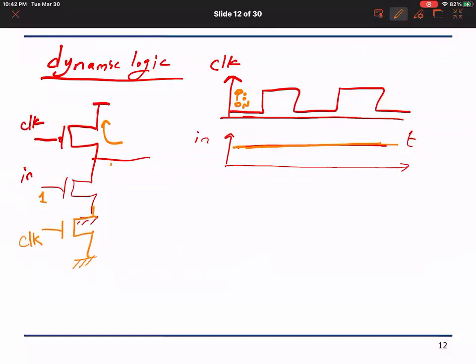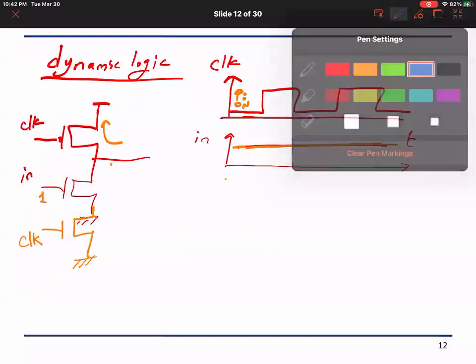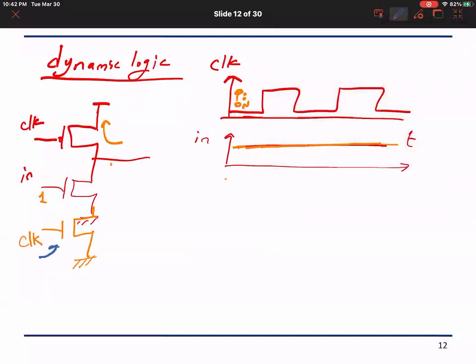So what happens is that during this time here, the P will be on, but the N will be off. So the clock N, which is this N1, will be off. And so the P will be on and the N will be off. Since the N will be off, there is no path to ground, and therefore even if this primary input is equal to 1, the output node does not have a path to ground.